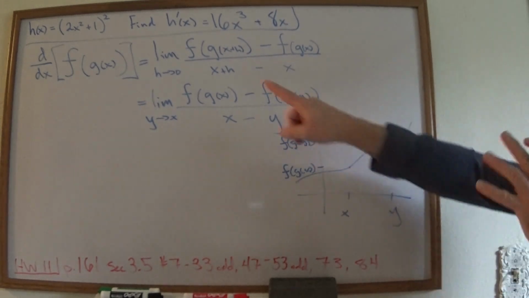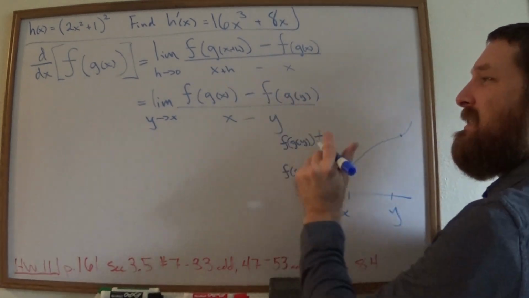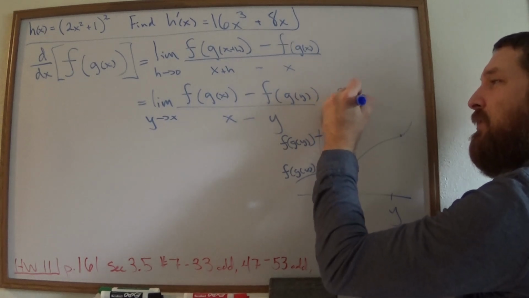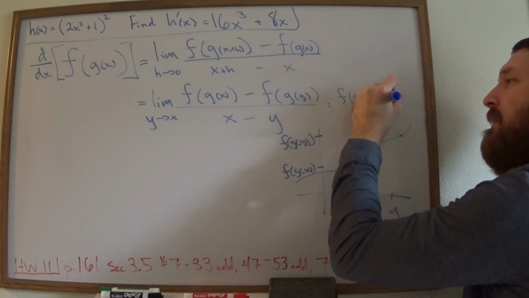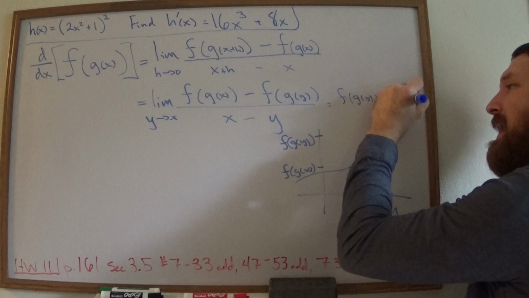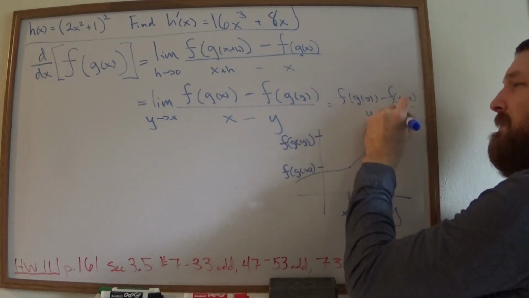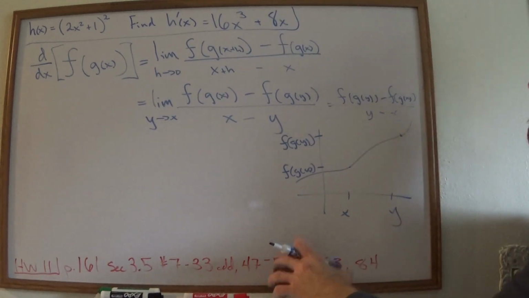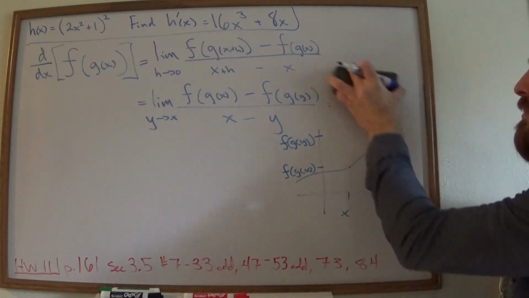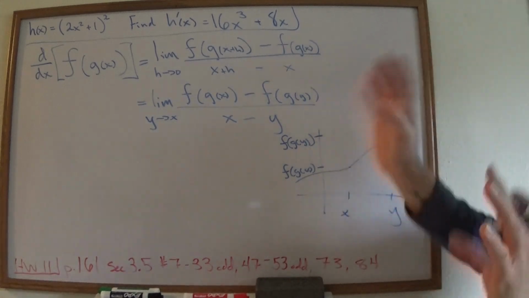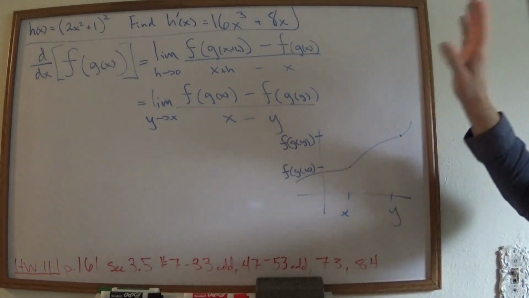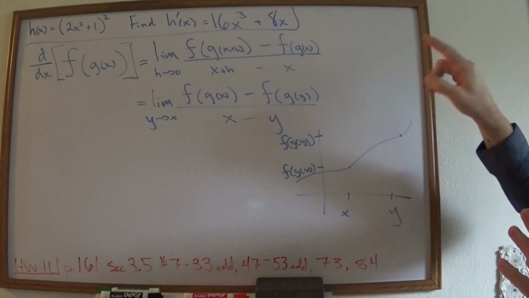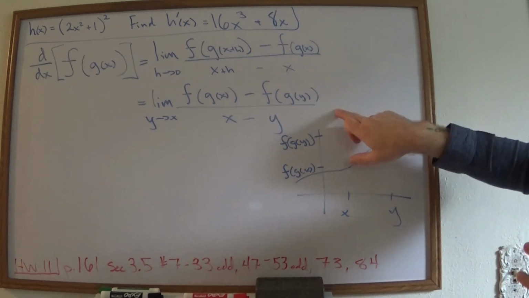And as long as they match up, they're good, right? Because this is the same thing as doing it the other way. You could have gone f of g of y minus f of g of x over y minus x. Same thing. And you could see that by pulling out negatives or whatever. But that's neither here nor there. That's not really what we're talking about. My point is, this is the same thing as that, right?